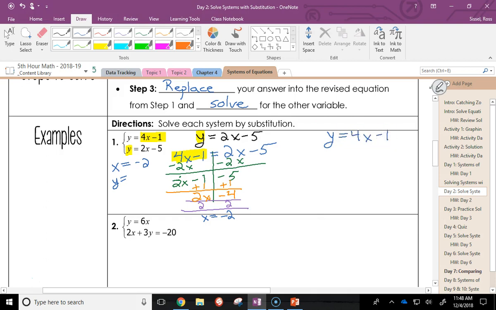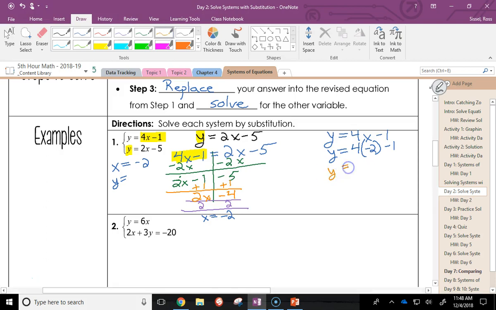But this time, I know what x equals. So I'm going to substitute that in there. I'm going to say y equals 4 times x. Well, what is x? Negative 2. We found that in the previous problem. Negative 2 minus 1. And now I'm just going to solve the equation.